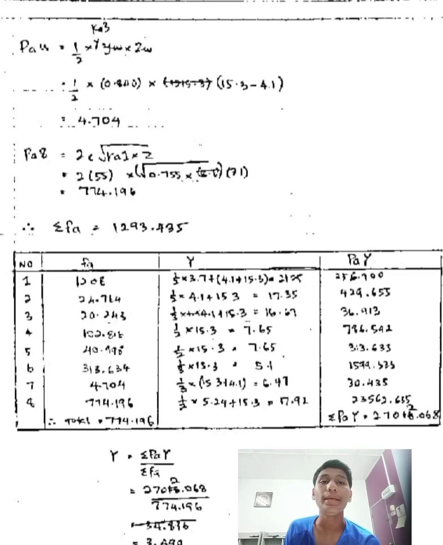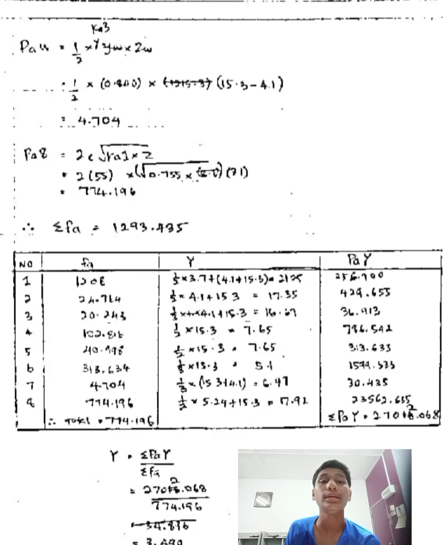And last, PAX, 2C power of KA1 times Z, where 2 times 55 cohesion times power of 0.755 times 8.1.